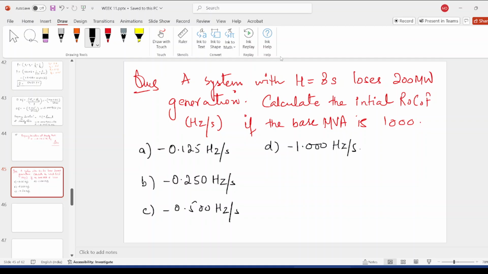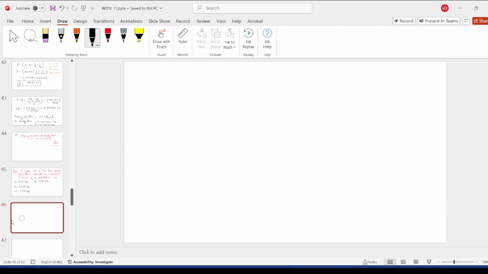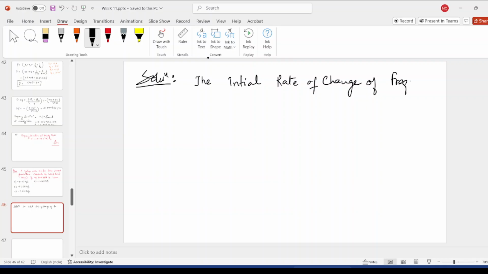So we have to calculate the initial rate of change of frequency. We know del f by del t comes out to be del P upon 2H.